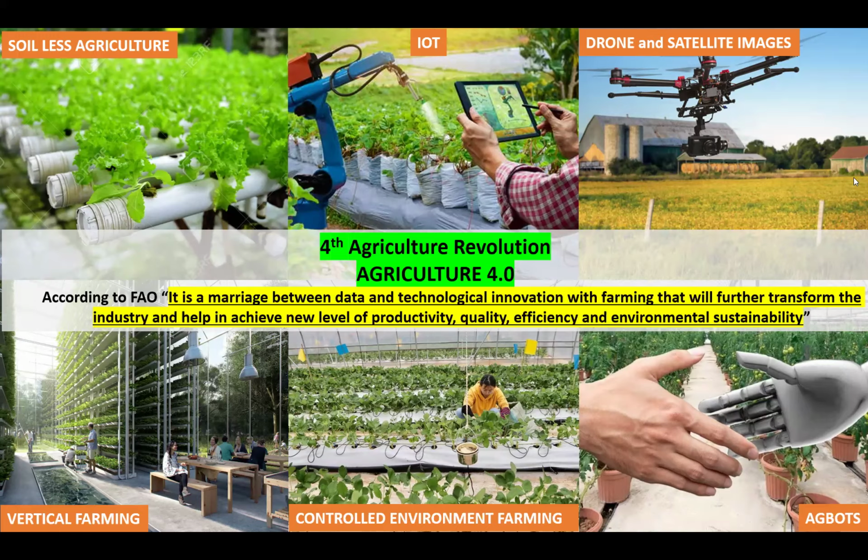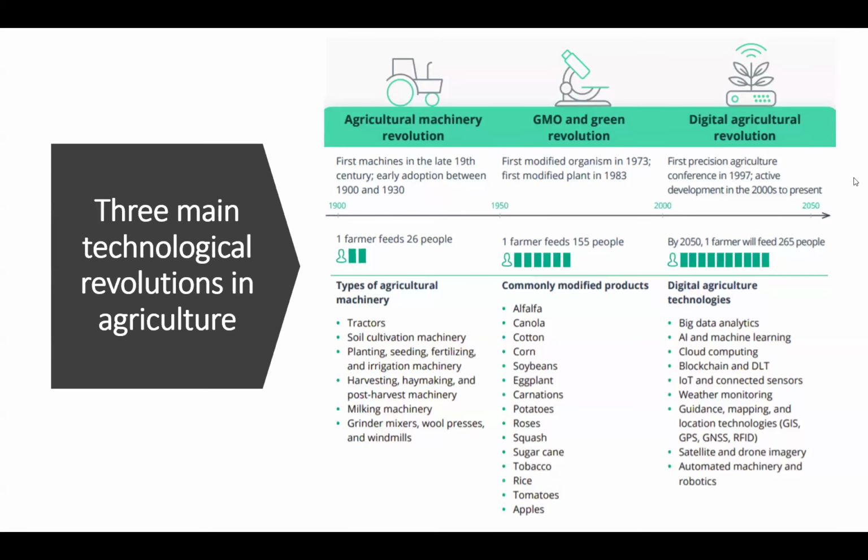Population is increasing, soil is degrading, competition is increasing, the product value is changing, markets are demanding in a different way, consumers are demanding in a different way, the eating habits of consumers are changing. So digital technology is now coming up with that. This is a glimpse of that.